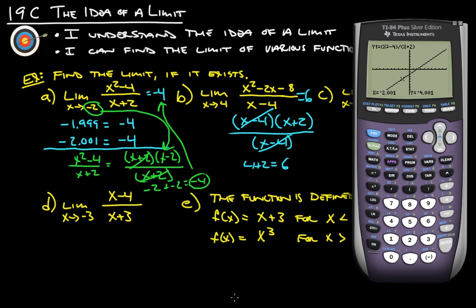Again, on the graphing calculator, you could enter it into the y equals and find the values. Or if you don't have a graphing calculator, just a plain old scientific calculator, choose a number that's really close to 4.